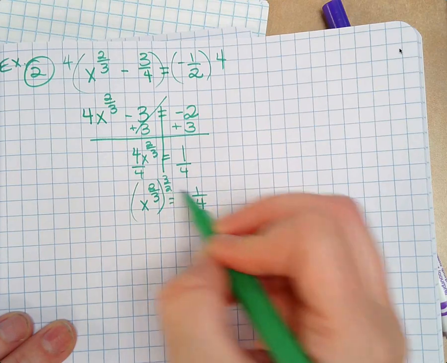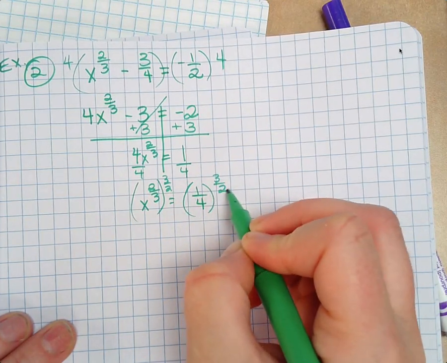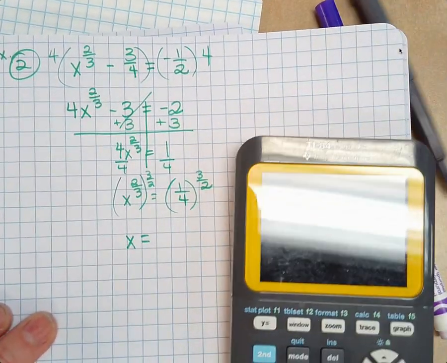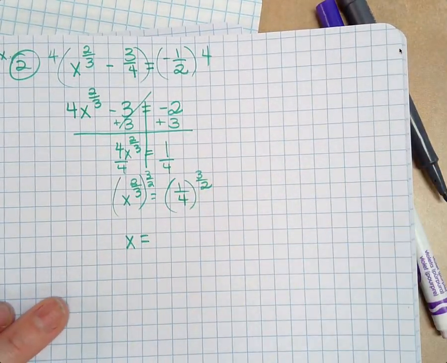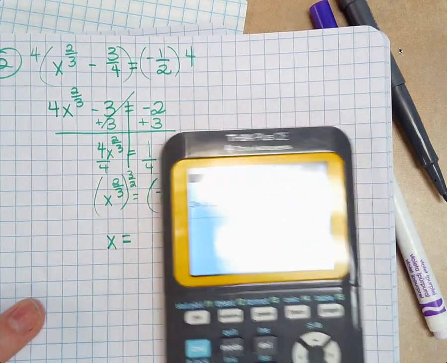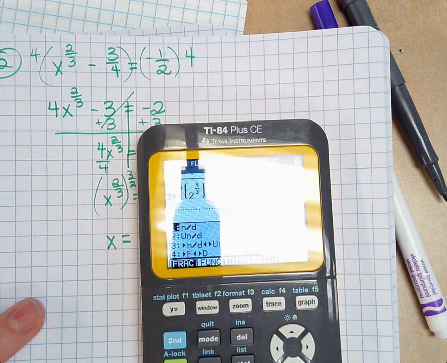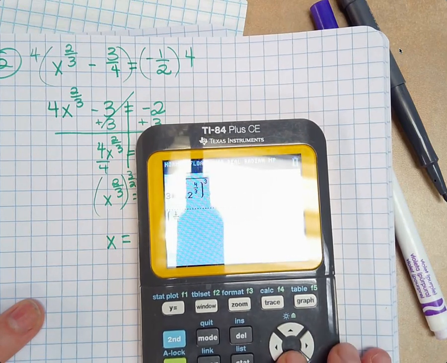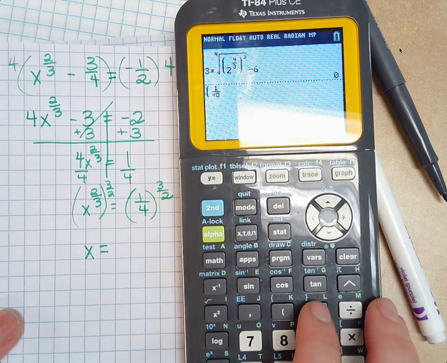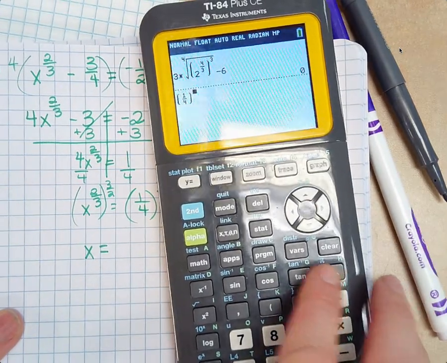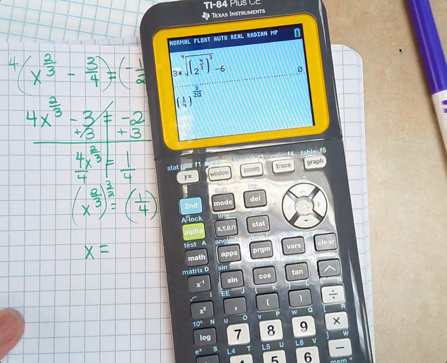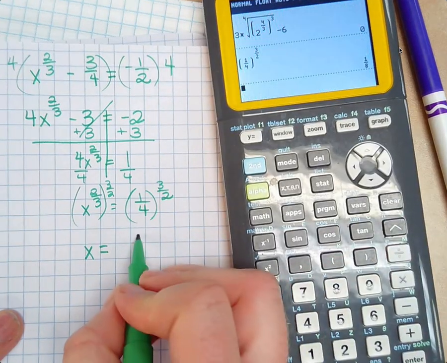So 3/2. So x equals 1/4 raised to the fraction 3/2, which is 1/8.